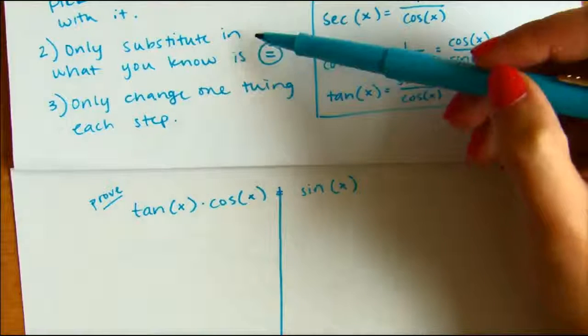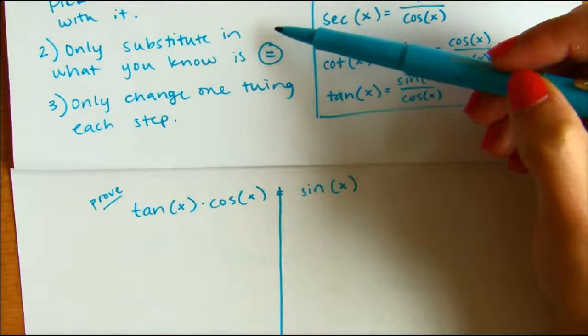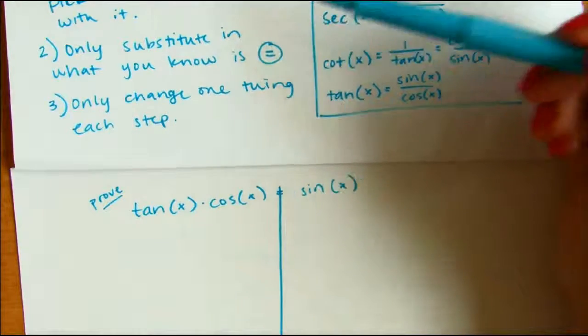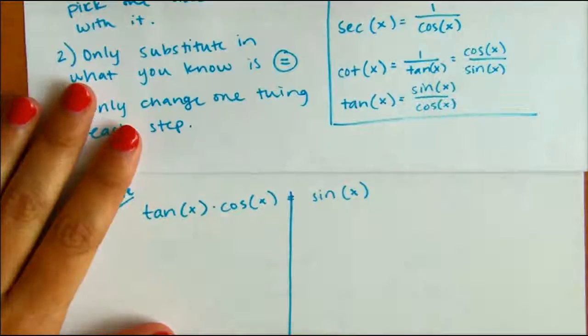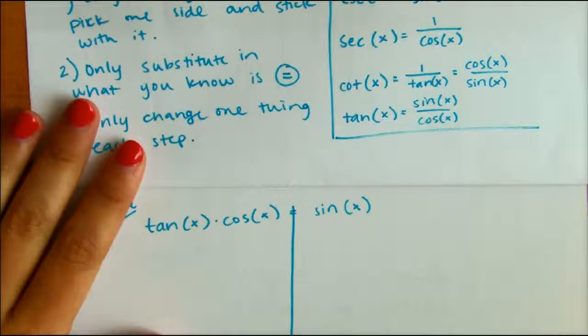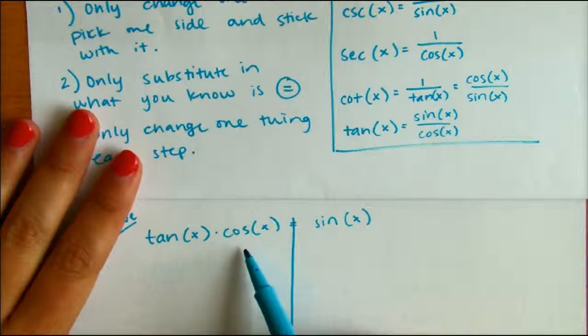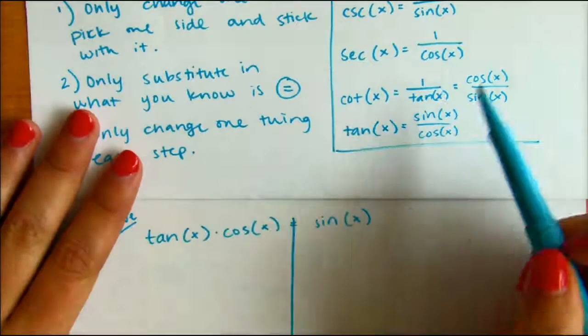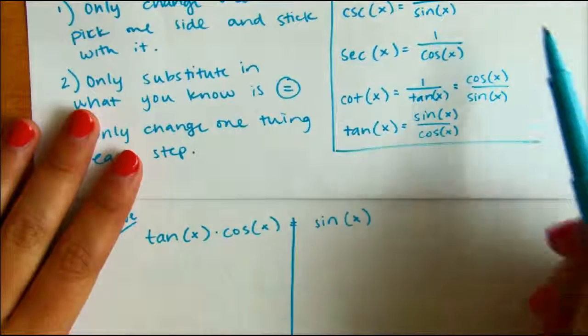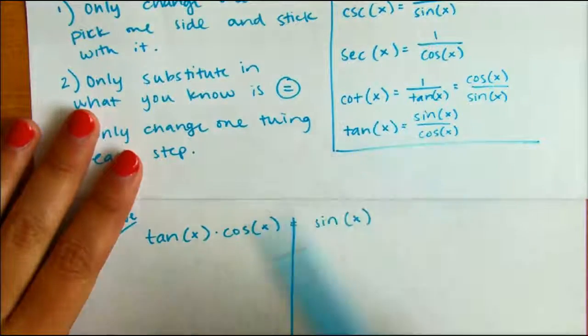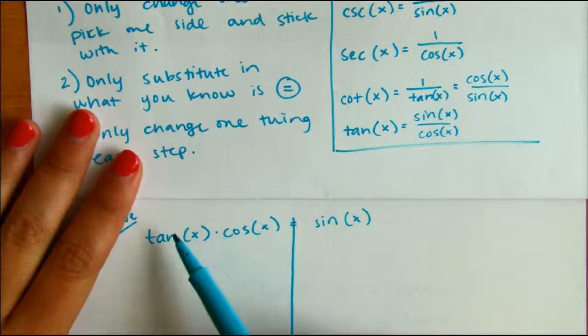Okay, rule number 2 is only substitute in what you know is equal. So I'm going to look at what I have. I've got tangent of x times cosine of x over here on the left. Do I have something equivalent up here that I could substitute in for one of these two expressions? Yeah.